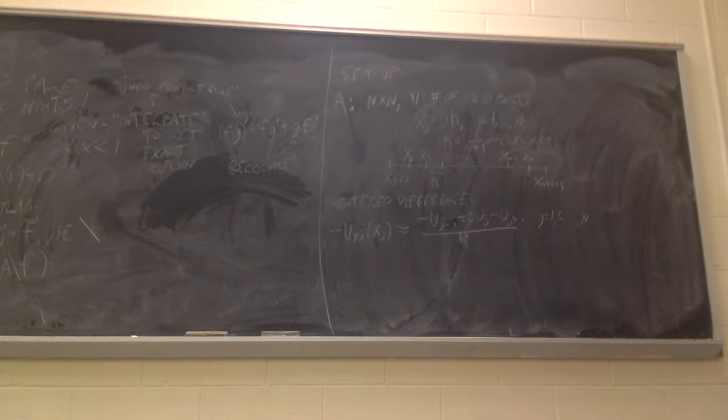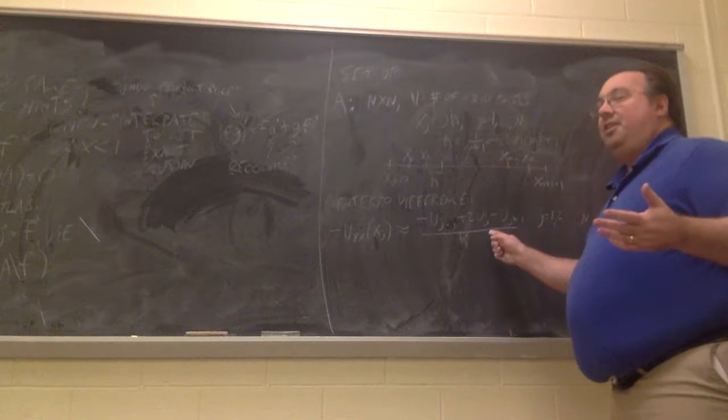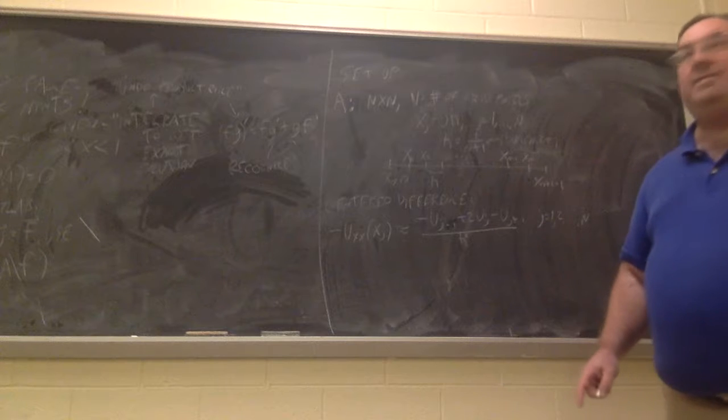So you're going to have n equations and n unknowns. So the n equations come from this being set equal to f.